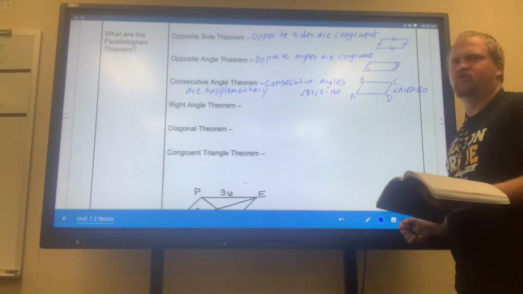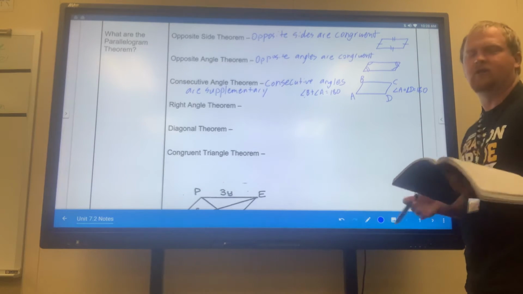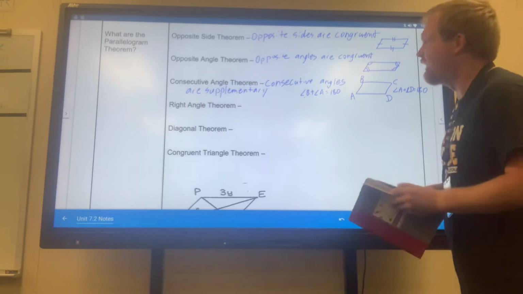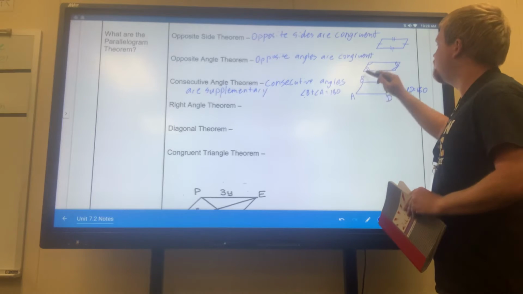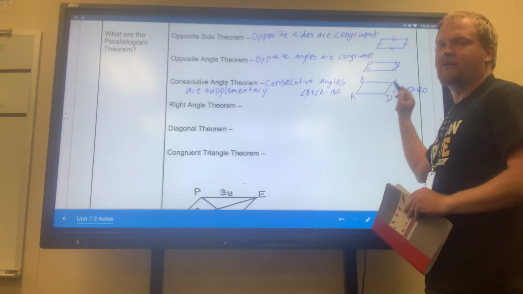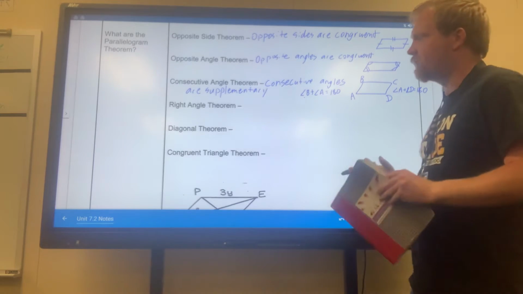And we can include C for B and D. We can include that for both. But I'm not going to write that down because I want to clarify that it's not just these two that are supplementary, but both the ones in the bottom and the ones in the top. Okay? That's what I'm going to be able to clarify.